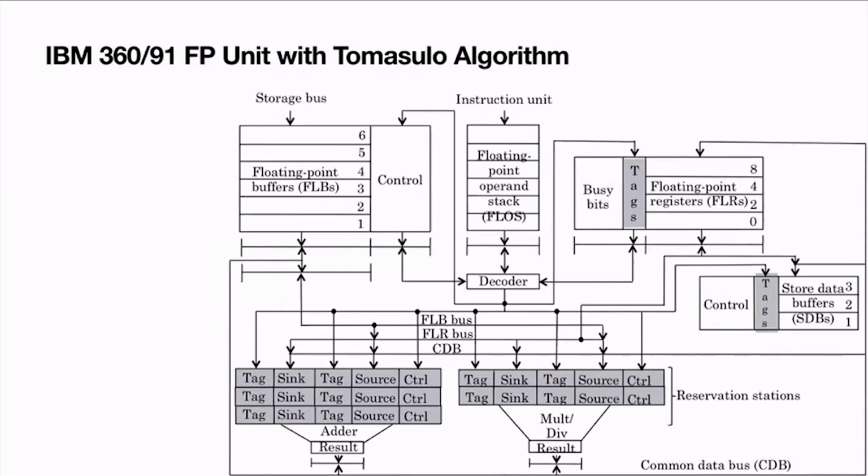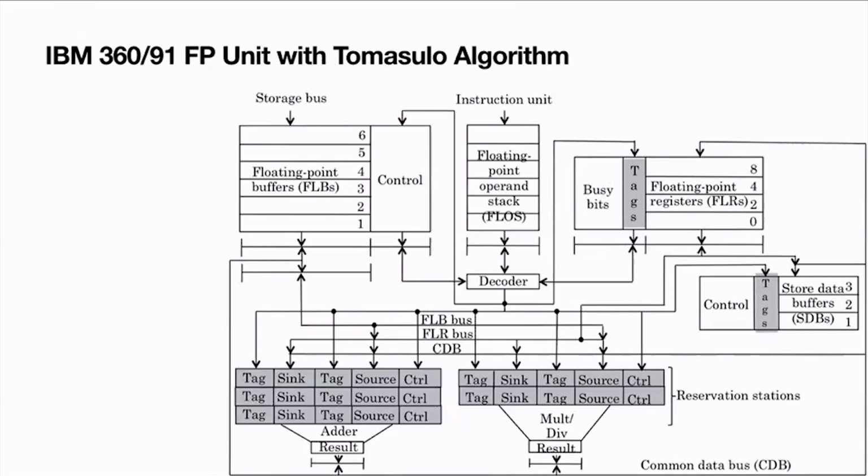And also when the function unit finishes its execution, the result will not be forwarded only to FLR, it is also forwarded to the entries sitting in the reservation stations. If you see here, the result bus is replaced with the common data bus, CDB, and the data will be forwarded to the entries in the reservation stations, also to the entries in the SDBs, store data buffers, and also to the entries in the FLR.